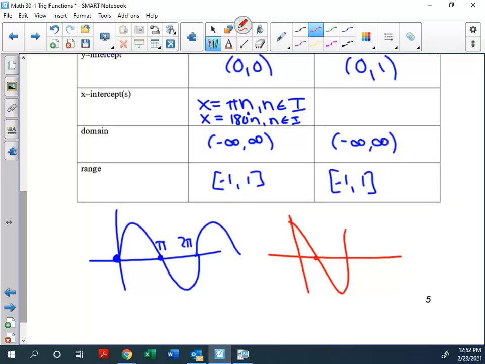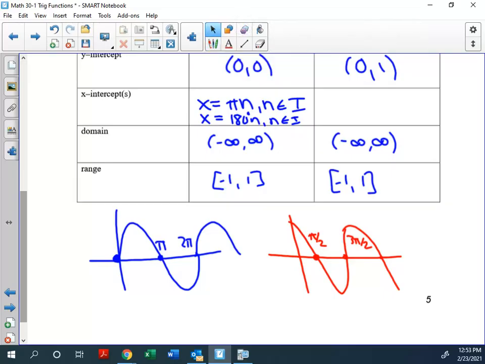Where does my first x-intercept happen with cosine? Pi over 2. Where does the next one happen? 3 pi over 2. If I kept going, when would the next one happen? 5 pi over 2, then 7 pi over 2, then 9 pi over 2. Do you see how we're creating that pattern about what's happening? So now how am I going to represent this one for all x-intercepts?